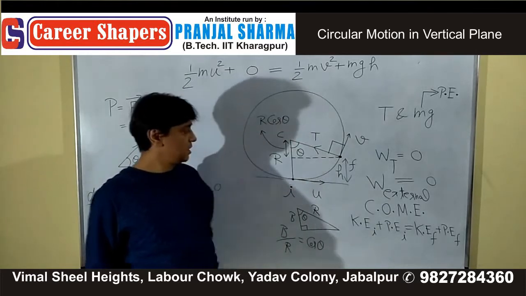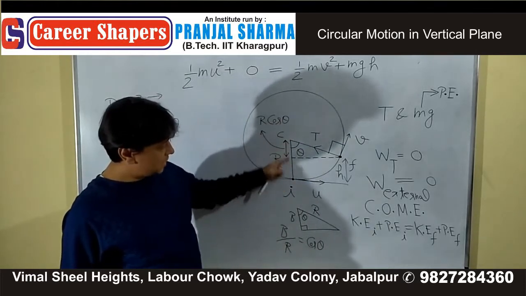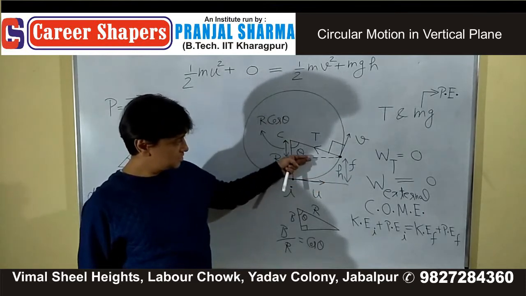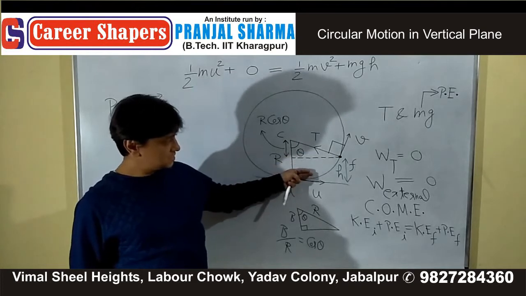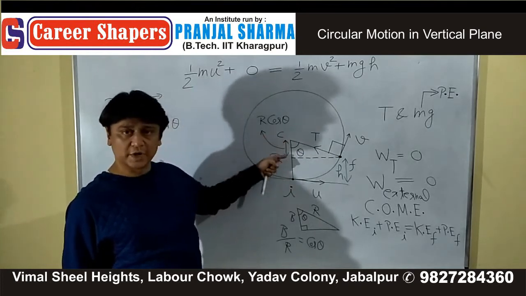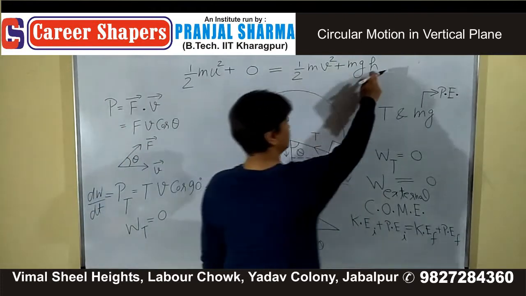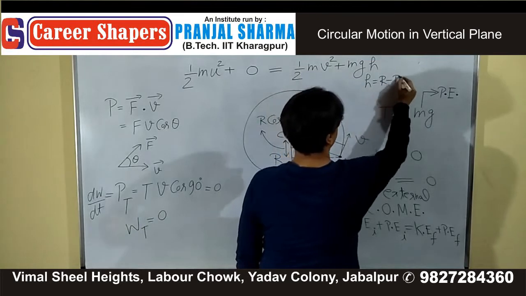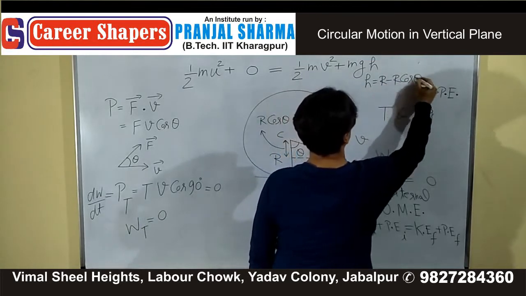This is R cos theta. And the total height is R. What is H? This much. What is this? R minus R cos theta. So we found this H. This H is coming R minus R cos theta.